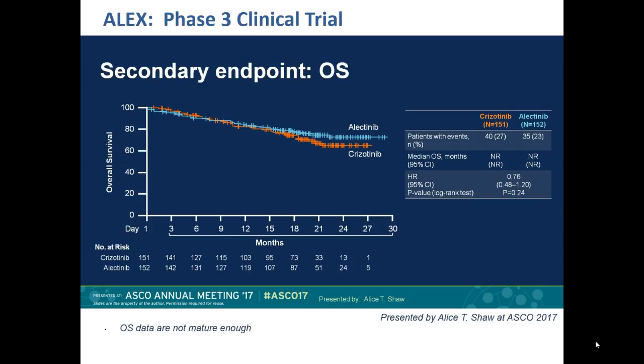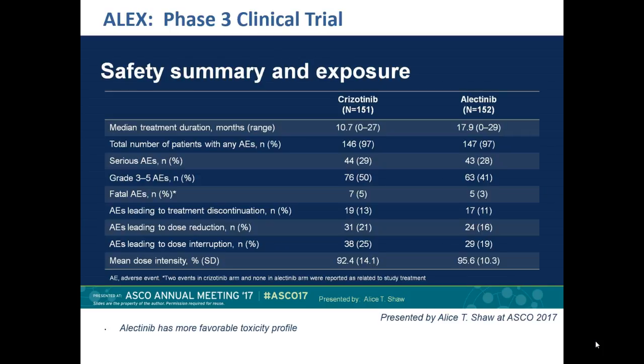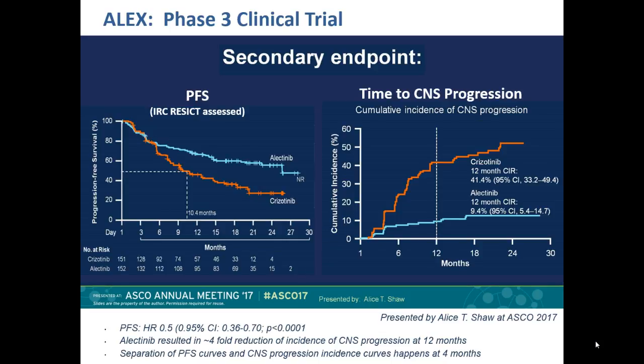The secondary endpoint, overall survival, is not clinically significant, although the data is still maturing, but nonetheless there's not much difference. However, safety for Alectinib was dramatically better than Crizotinib. Crizotinib can be quite toxic medication, because if it's oral chemotherapy, it doesn't mean that it's non-toxic. And Alectinib was overall better tolerated, and significantly so.